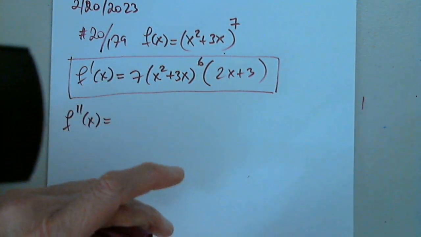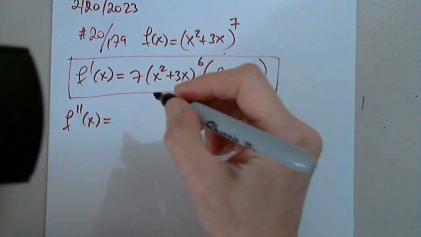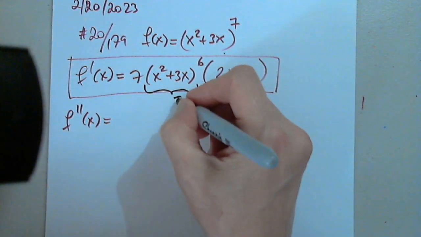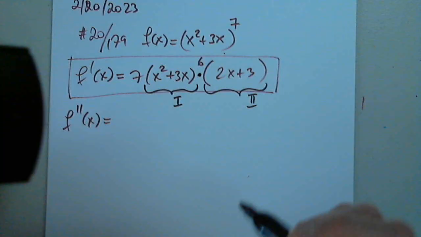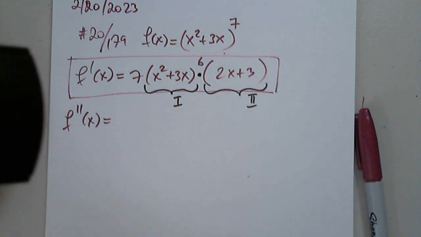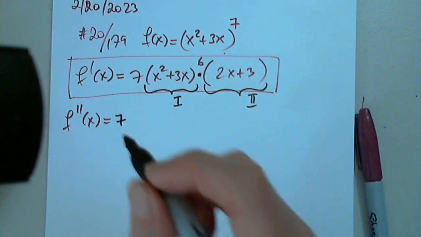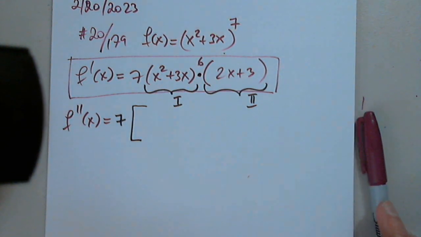So now it gets a little bit more complicated. Let me use a different color, because now this is function 1 and this is function 2, because now this is a product. So keeping that in mind, we have 7 outside, and we open a bracket.